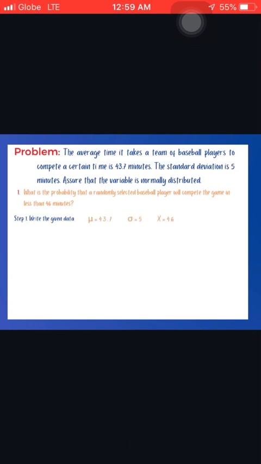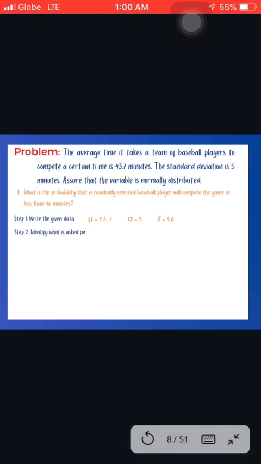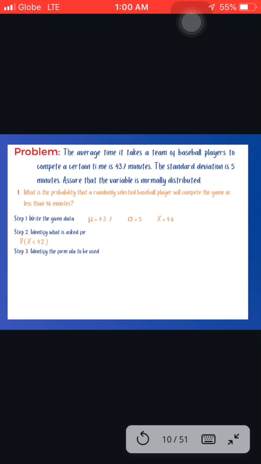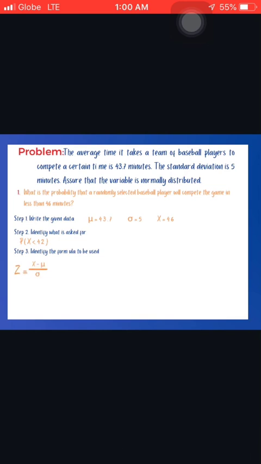The given data is population mean is equal to 43.7, standard deviation is equal to 4, x equals to 46. So step 2, identify what is asked for. So x less than 46, dapat yan, nagkamali lang po ako ng lagay. So step 3, identify the formula to be used.